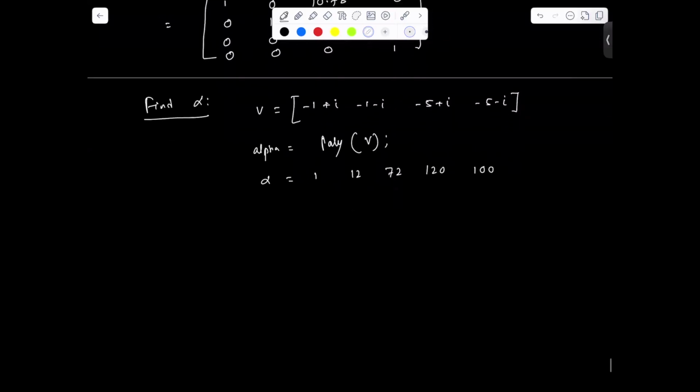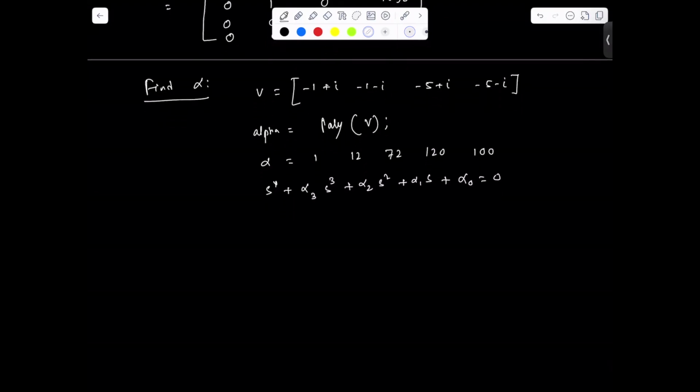From this we can find the polynomial of alpha. So we can write s to the 4 plus alpha 3 s cube plus alpha 2 s square plus alpha 1 s plus alpha 0 equal to 0.